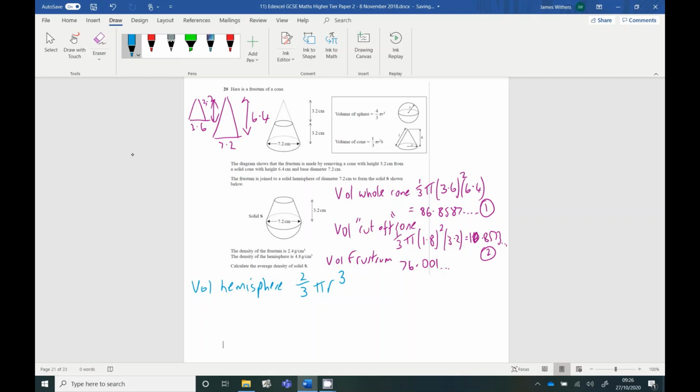So that's 2/3 times pi, and then the radius is half of the 7.2, which is 3.6, being cubed, which is 97.716. Now for future reference, let's call the volume of the frustum 3 and the volume of the hemisphere 4.